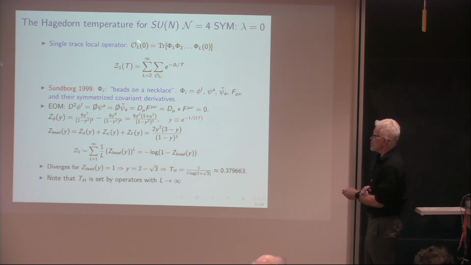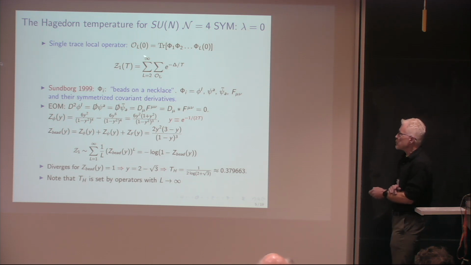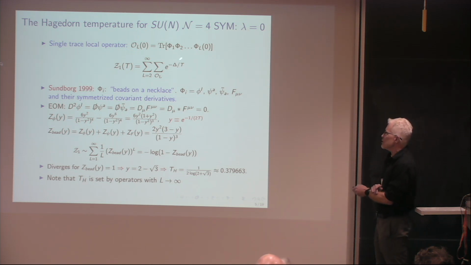Okay. So this was a computation first done by Sundborg in 1999. So what we want to do is we want to consider all possible single trace local operators. So these would be given by some trace of some fields, where we have L of these fields.